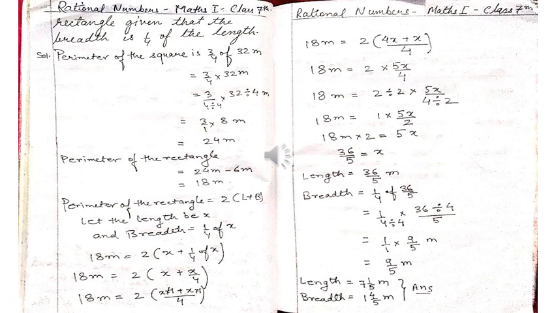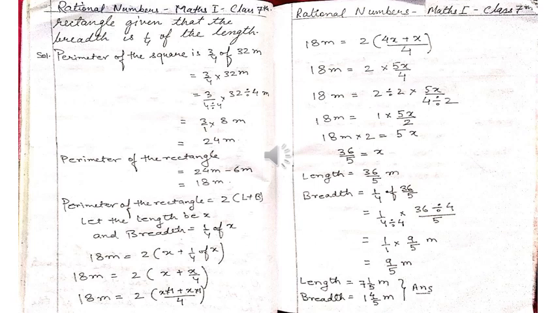Now since you know the perimeter value but you do not know the exact value of the length and breadth, so for that let's take the length as x and breadth 1/4 of length, that is x upon 4. Now here 18 meter is equal to 2 within the braces l plus b. Here l is x and b is x upon 4.